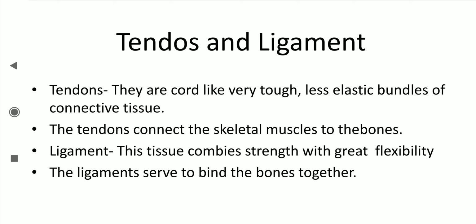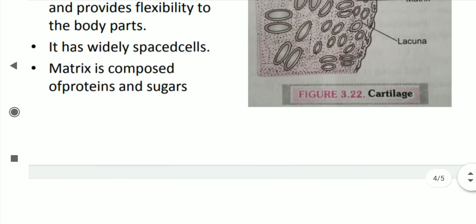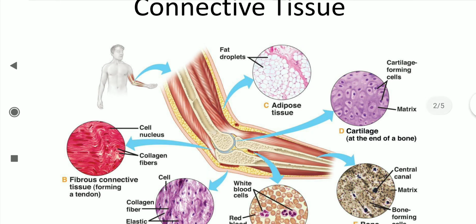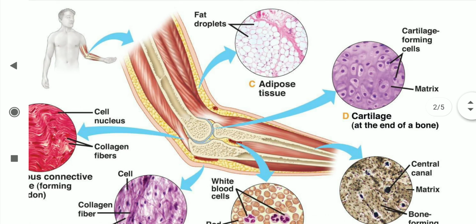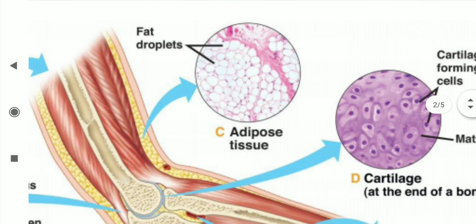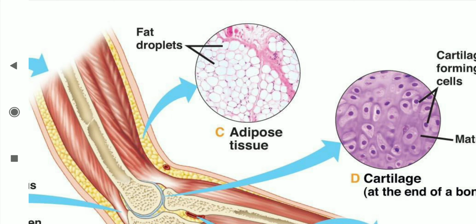Okay, children. Now one more thing I would like to show you, the different types of connective tissue in your arm. First you are seeing just below the skin the fat tissue is there, which we also call adipose. Clear? Just below the skin.